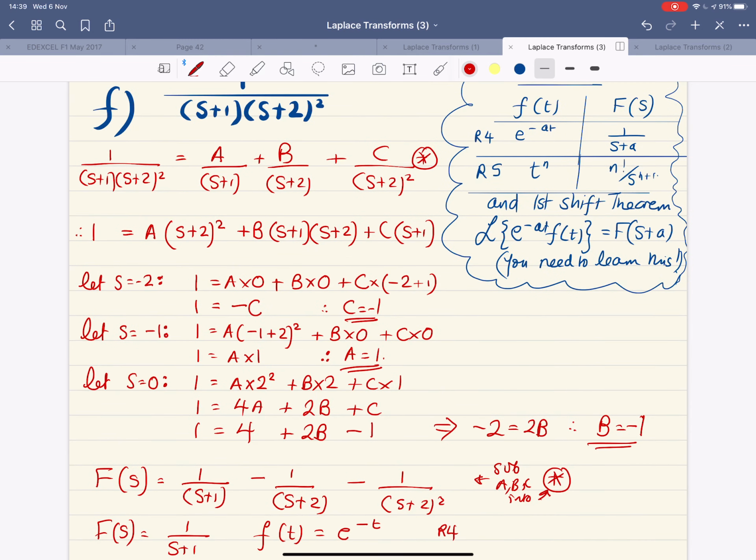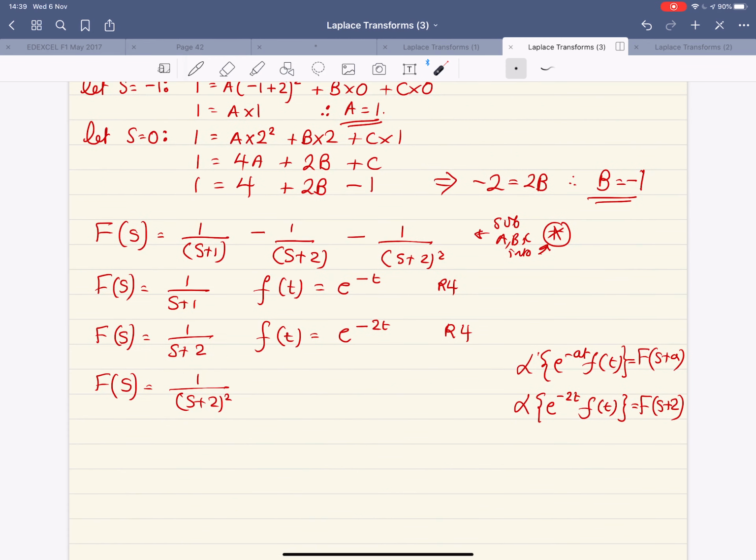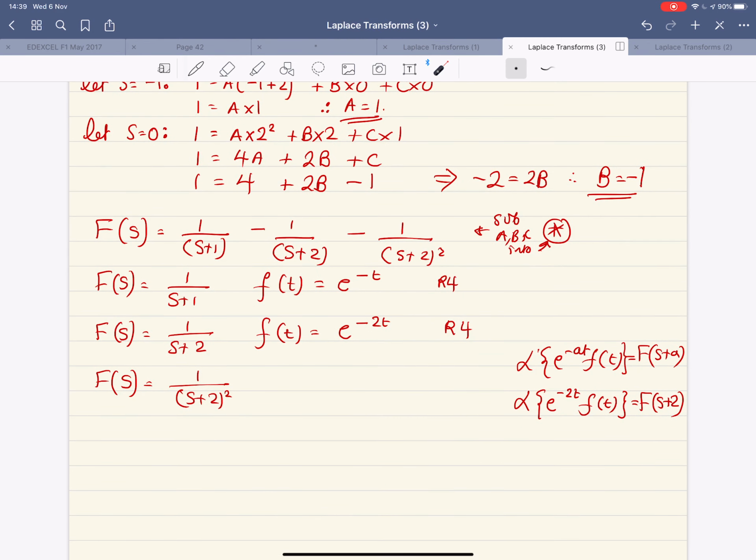So if we've got s plus 2 squared here, it's one of these with n is 1. So you see s plus 2 with n is 1, that's going to be s squared on the bottom, and 1 factorial, which is 1, over the top. So this is t to the power 1. So if you think of that, we're doing reverse here.